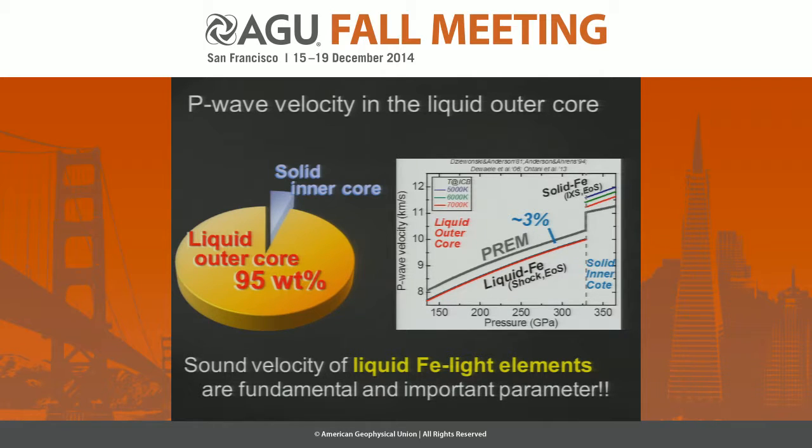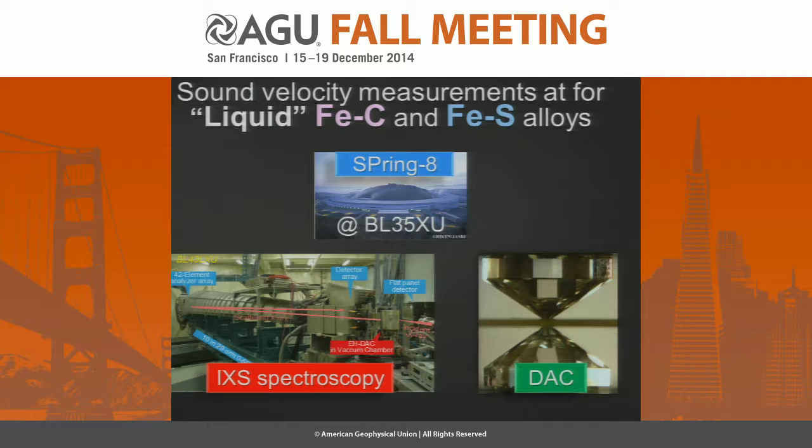So, sound wave velocities of liquid iron-light element alloys are very fundamental to constrain the composition of the core, because we can compare the sound velocity data directly. And also the outer core is more than 90% liquid, not solid.